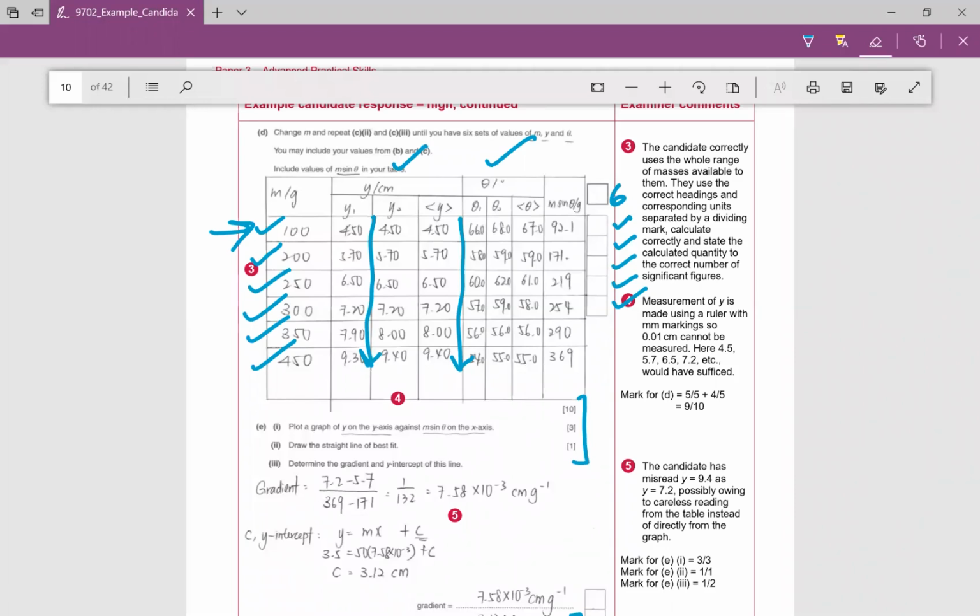We are specifically looking at A-level physics. Hello, can everybody hear me?